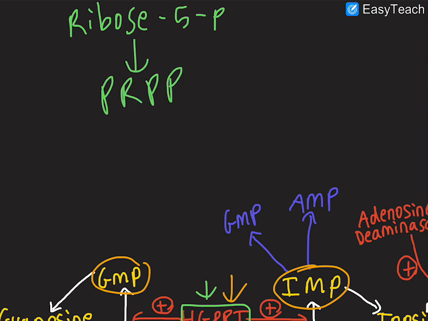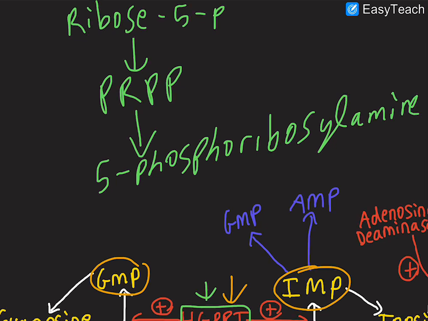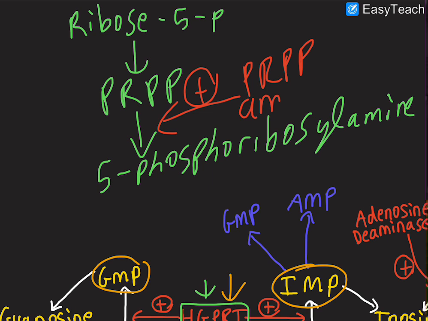Then from PRPP we made 5-phosphoribosylamine. And what enzyme did this reaction, PRPP to 5-phosphoribosylamine? It is PRPP aminotransferase.